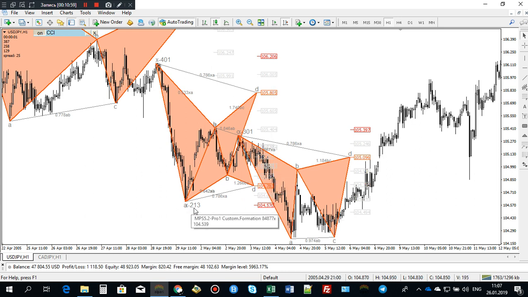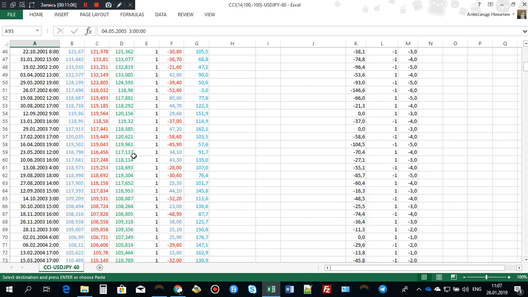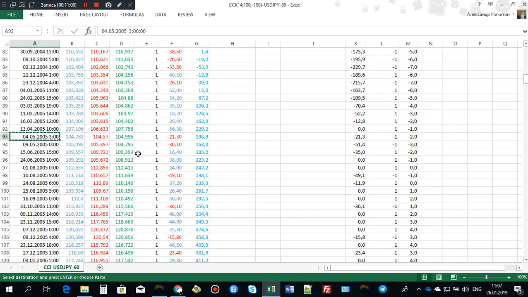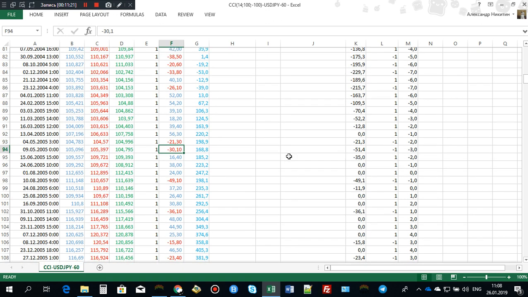So it was 21.3 pips risk, and it was a loss. So let's go to see that it was minus 21.3. It was a loss, minus 21.3. So you see guys that it is absolutely objective.